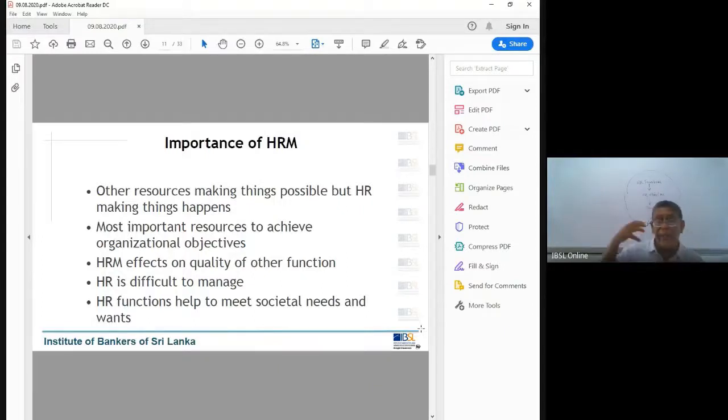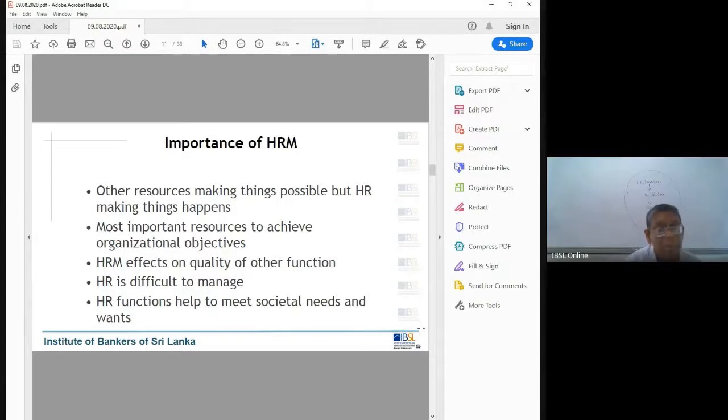Suppose you use the wrong people for those functions, all these functions are not functioning properly. Why? If HRM uses correct people, correct caliber people, only then do those functions work well. That is why I say HRM affects the quality of other functions.